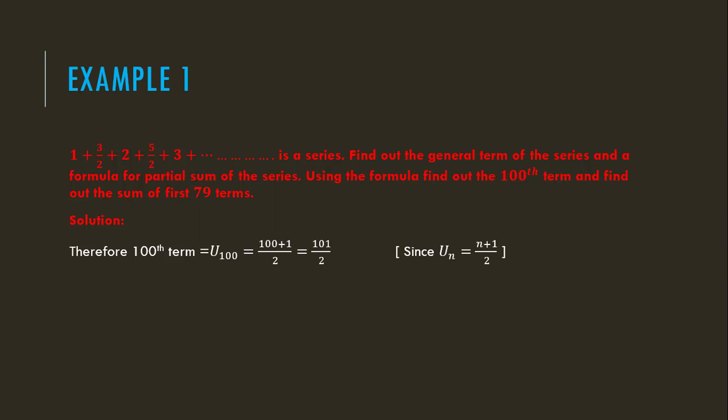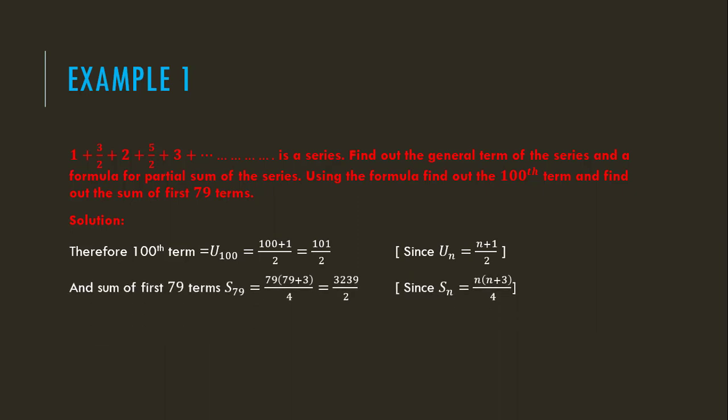Look here, we have used un as a function. We put the value of n on both sides. On the left side we have u100, and on the right side we have the 100th term, that is (100 plus 1) by 2 equals 101 by 2.